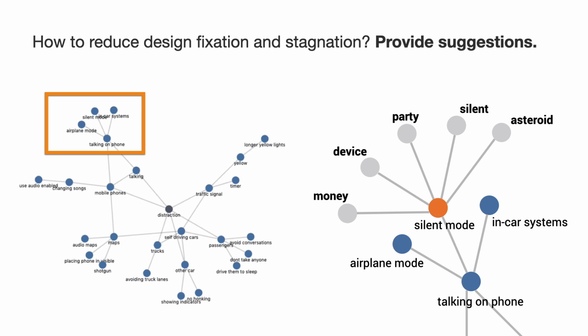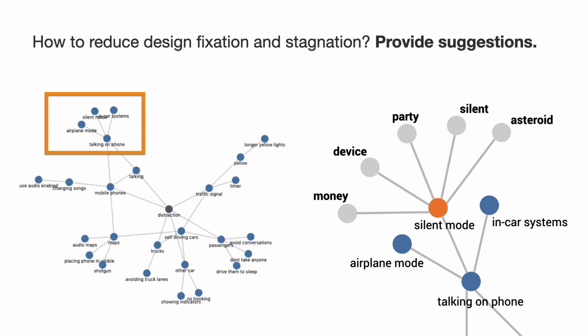For example, on the left is a mind map created by a user from our user study. The picture on the right is the zoomed-in version of the highlighted portion of the mind map. If the user is unable to think of new ideas, with Spinneret, the user can click on a node and see suggestions recommended by the system. The picture on the right demonstrates this interaction.